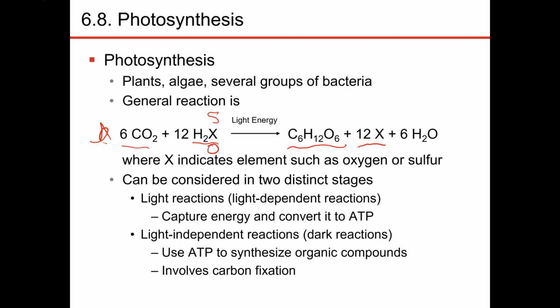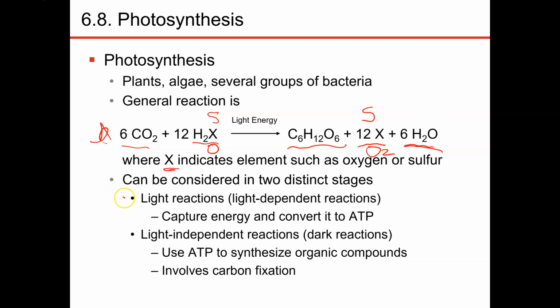If this is, again, photosynthesis that's aerobic, we might release oxygen. If it is an anaerobic process, we might be releasing sulfur. And we're going to produce typically some water as an end product as well. And this is just where I said X indicates water or oxygen or sulfur or other molecules.